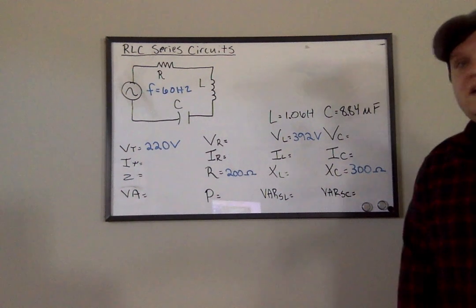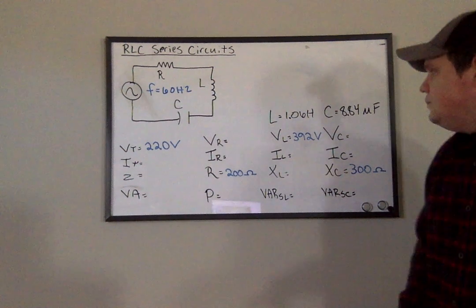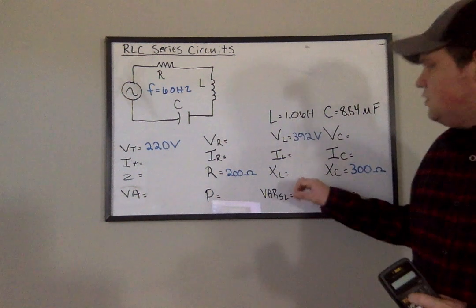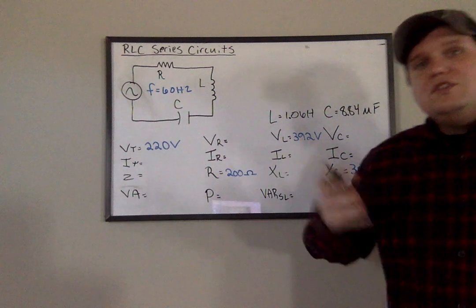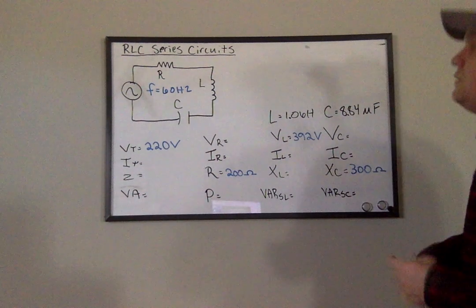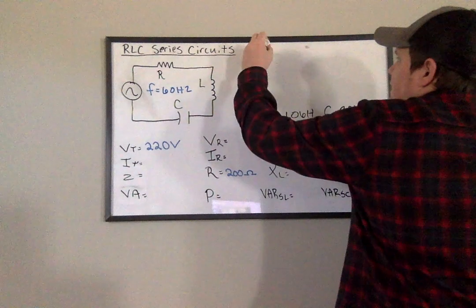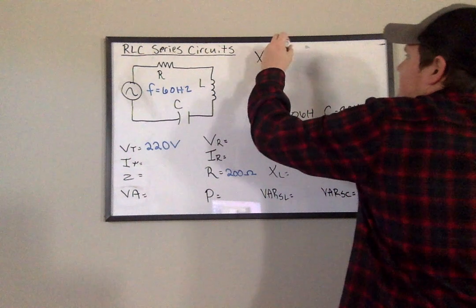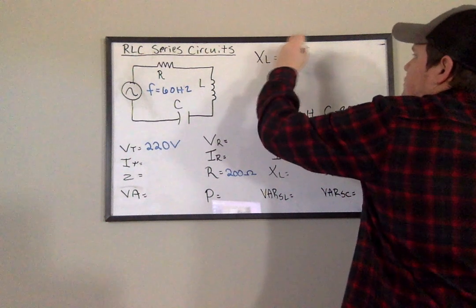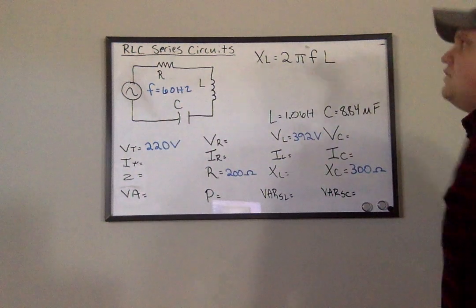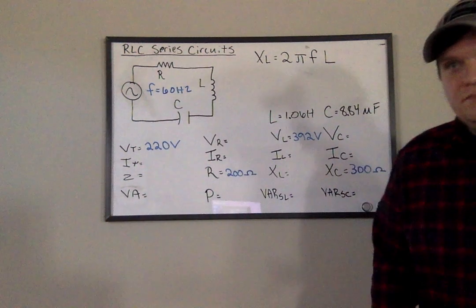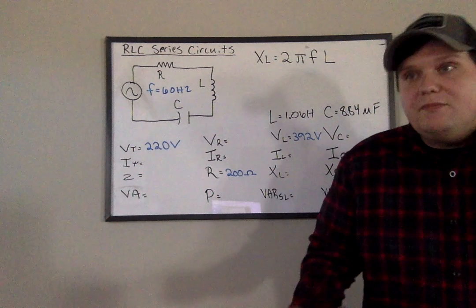Next, we're going to use our formula to find XL. XL is equal to 2 times pi times frequency times the value of that inductor.